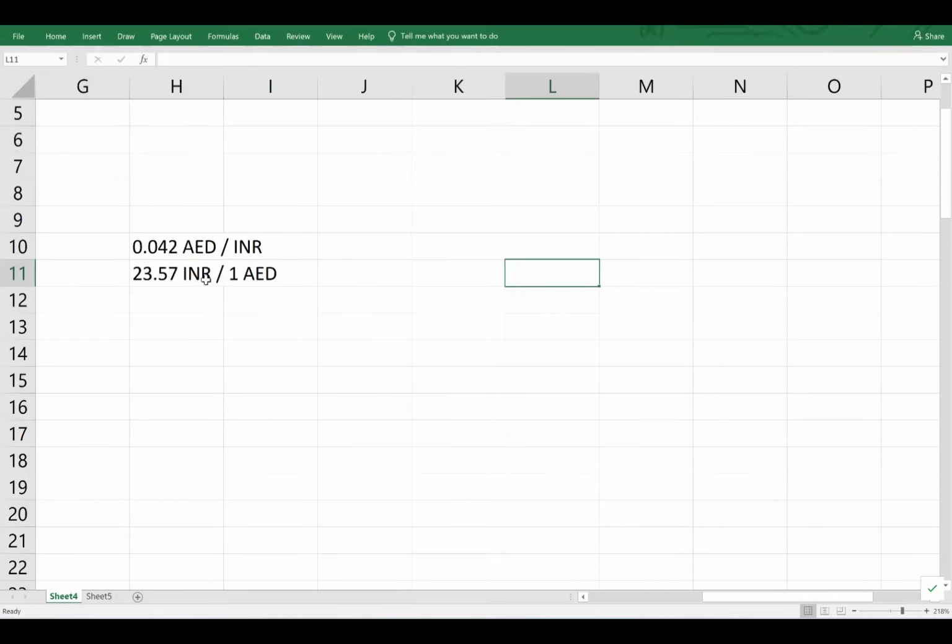Let's say this is the exchange rate today, the 2-day exchange rate, which is on 1st Feb 2025.